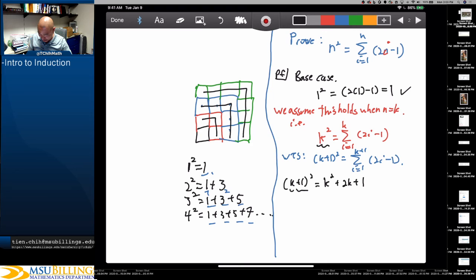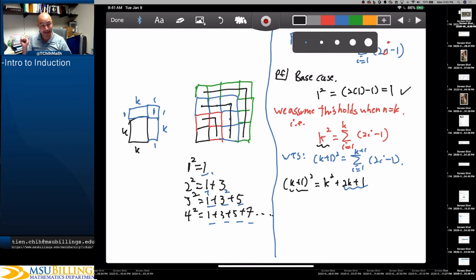And now I want you to think about that statement, right? If I have a k by k square, the next step of this certainly is a k by 1 rectangle, a k by 1 rectangle, and a 1 by 1 rectangle, right? In other words, 2k plus 1.